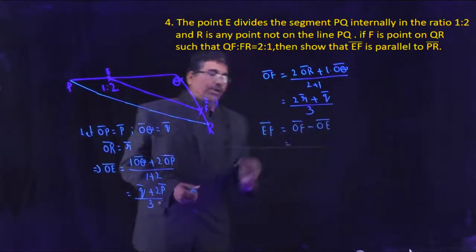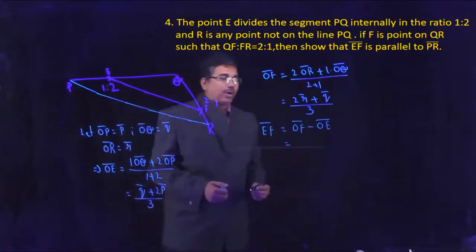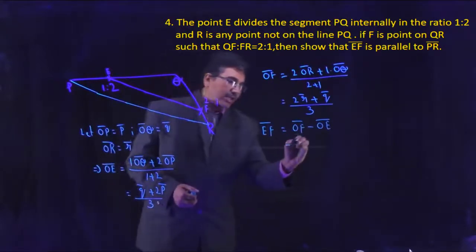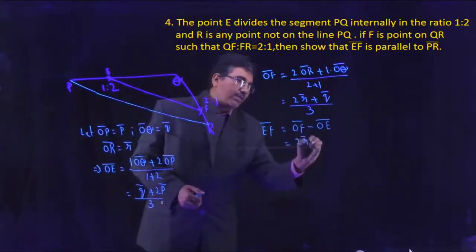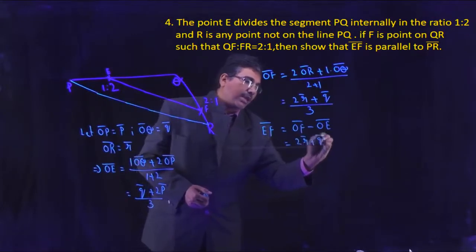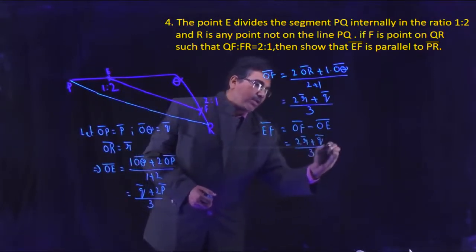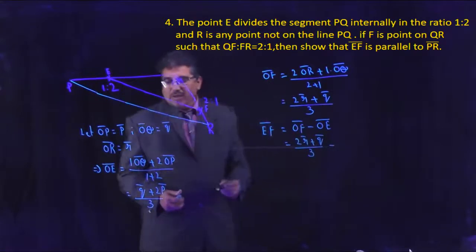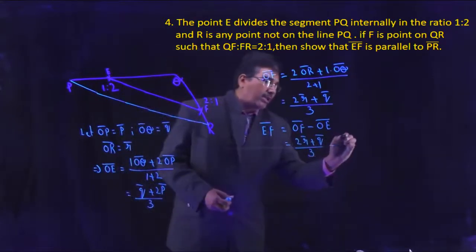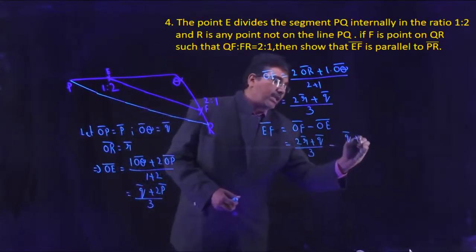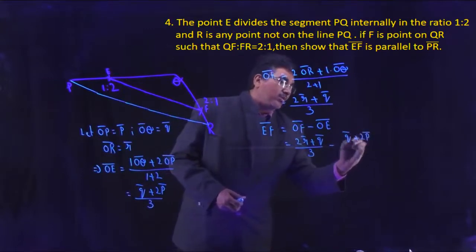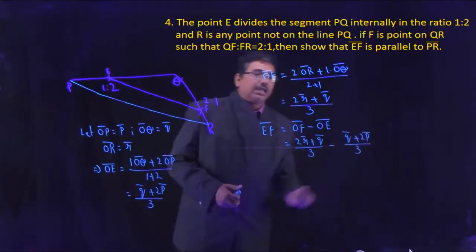OF bar is 2r bar plus q bar by 3, minus OE bar, which is q bar plus 2p bar divided by 3.